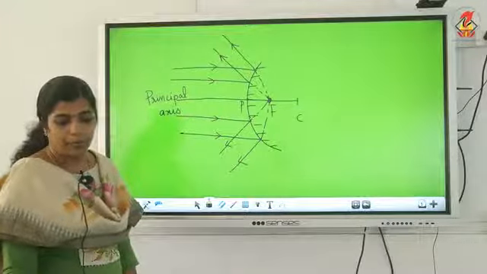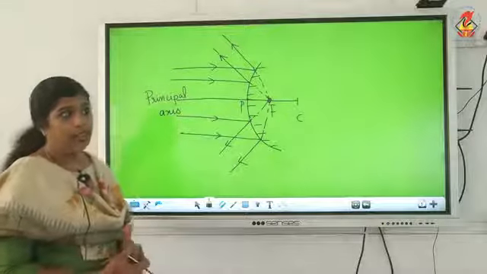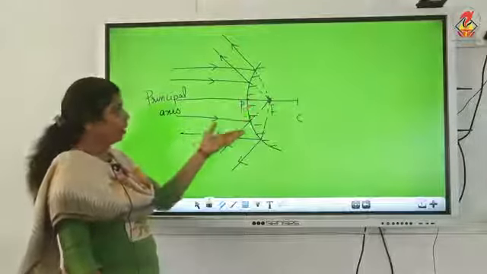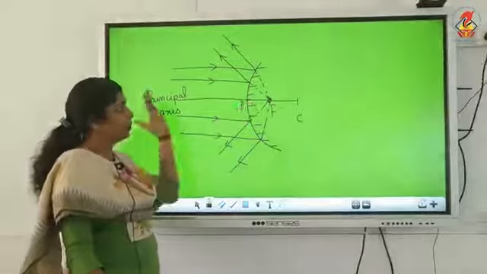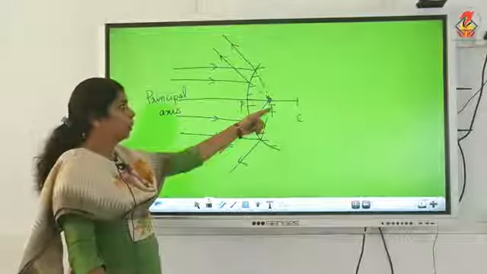Actually, the light rays will not meet. They appear to come from this point.